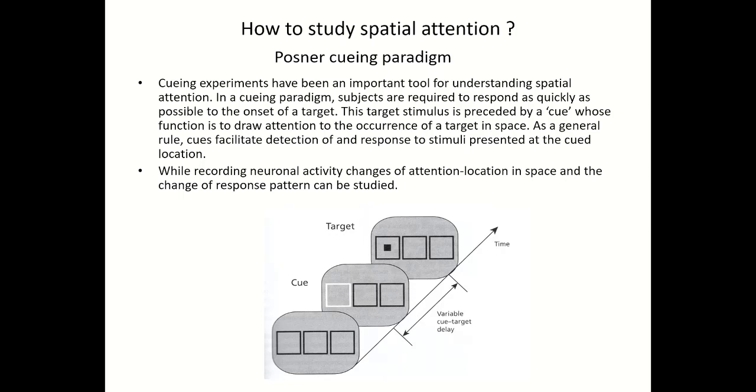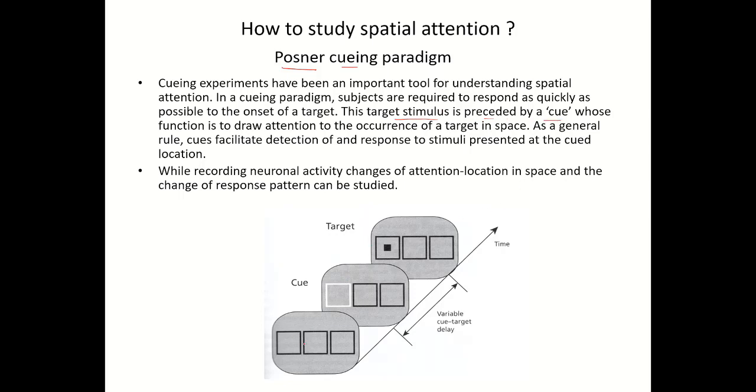This is another experimental design that is called the Posner cuing paradigm. It is actually very similar to the one I mentioned in the last slide. The target stimulus is preceded by the cue. So first the cue will appear.